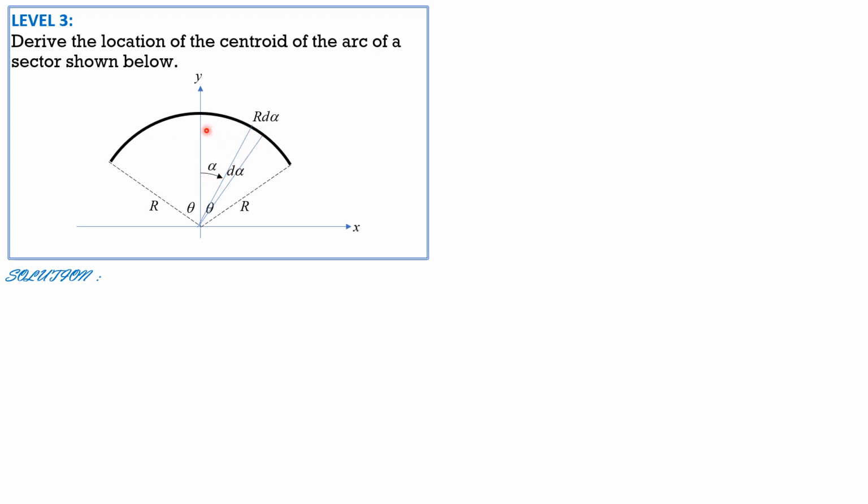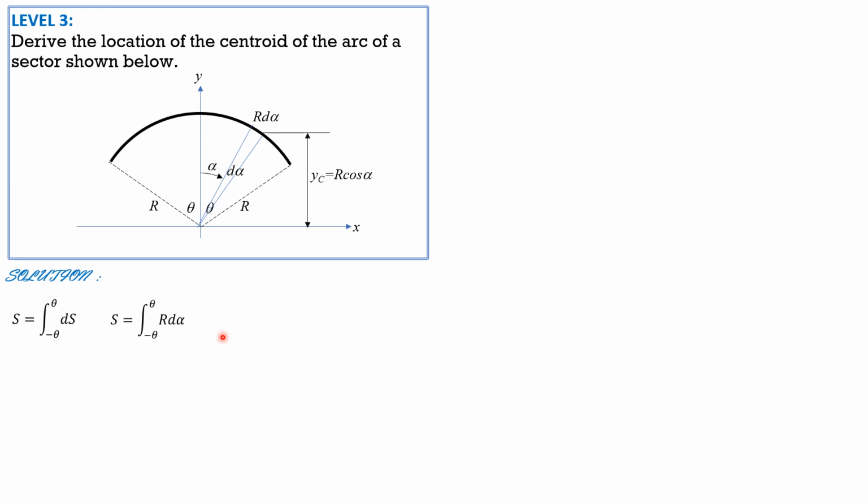Therefore, if you imagine a right triangle with hypotenuse r, then this is r cosine of alpha. So y sub c is r cosine of alpha. First, for the arc length, s is integral of r d alpha from negative theta to positive theta, where ds is r d alpha.